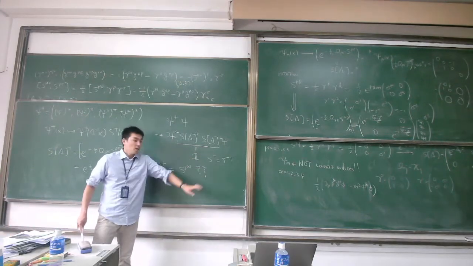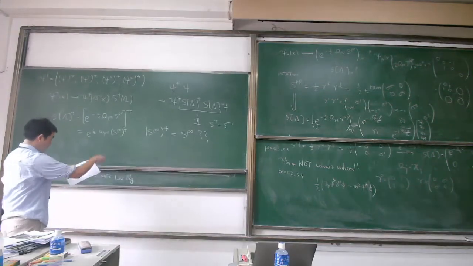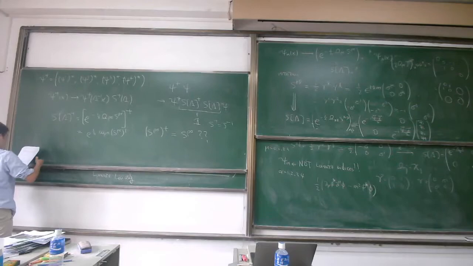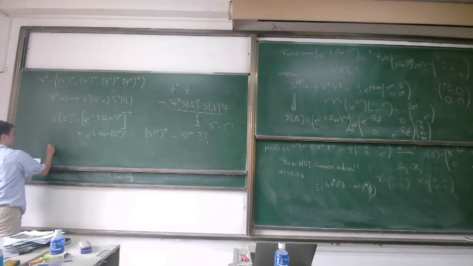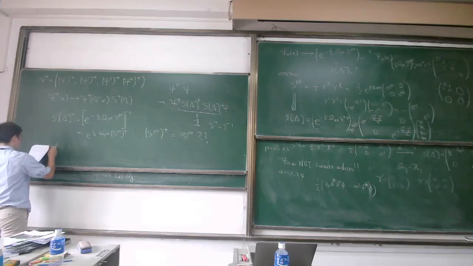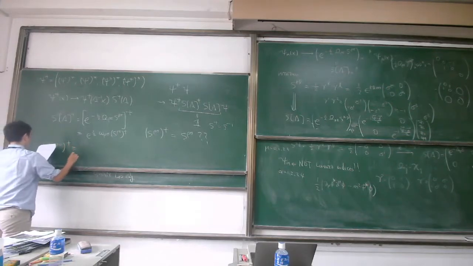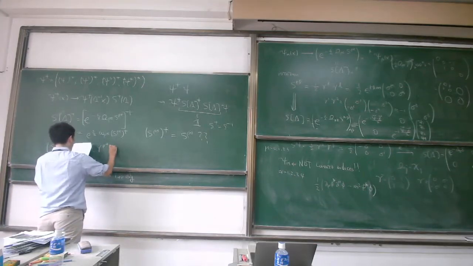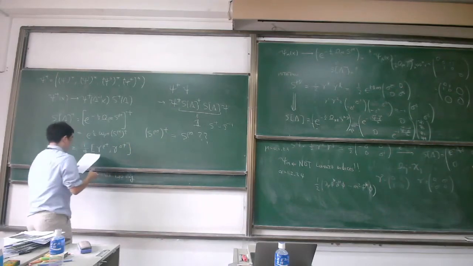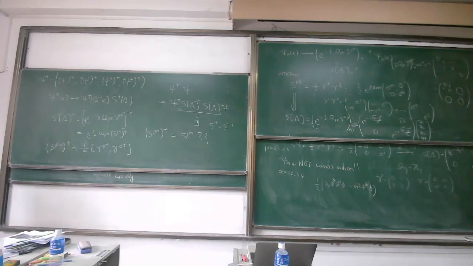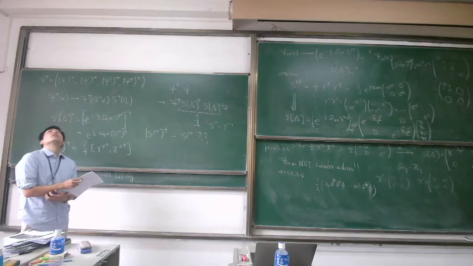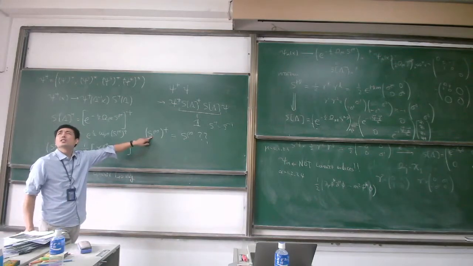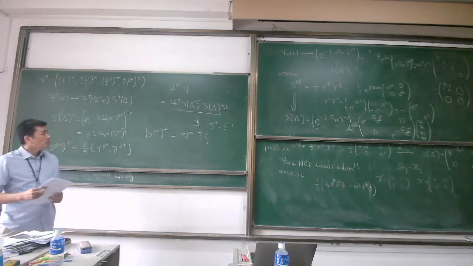But we know, if you check the explicit construction, that S rho sigma dagger is i over 4 times gamma rho dagger and gamma sigma dagger. I'm very sorry, this should be called anti-Hermitian.